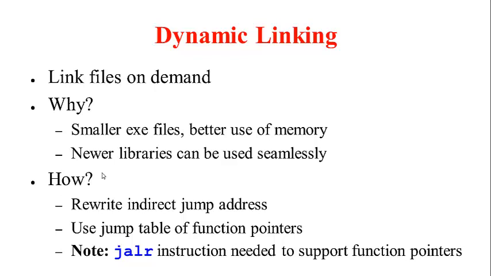One subtlety to note here is that support of function pointers we cannot do using just the instructions we have looked at so far. We need a new instruction. This goes by the name of JALR. This stands for jump and link register. So it does jump and link as usual, but the destination of the jump is taken from a register value, which in turn is loaded with the correct value of the function pointer by the dynamic linker.